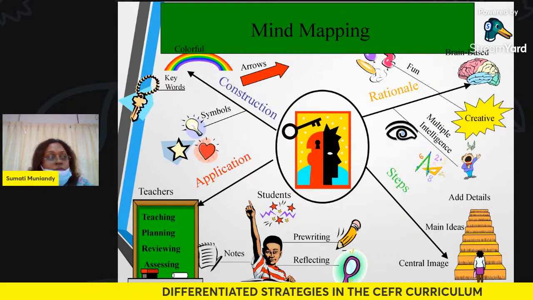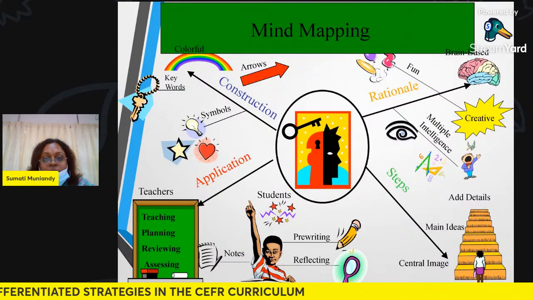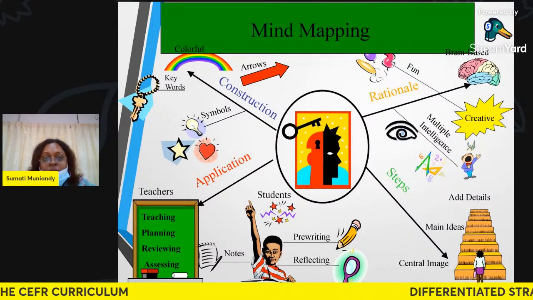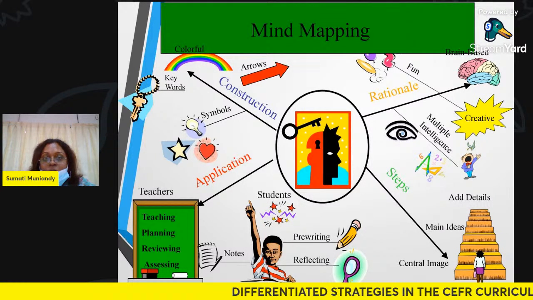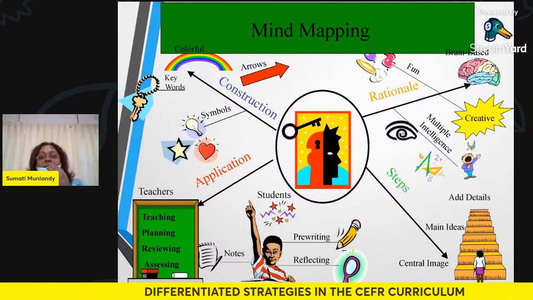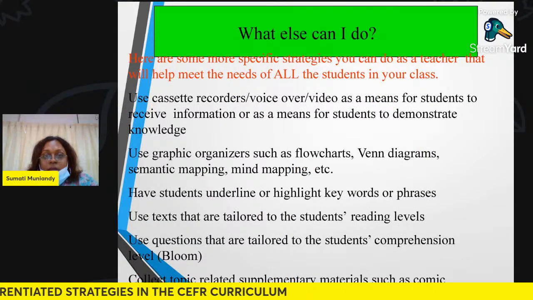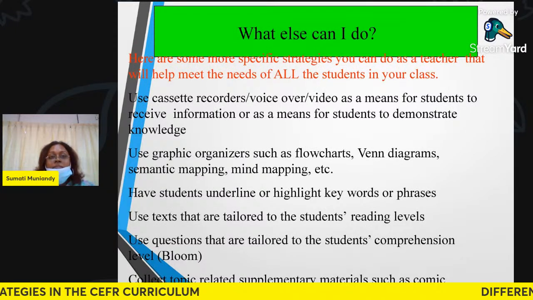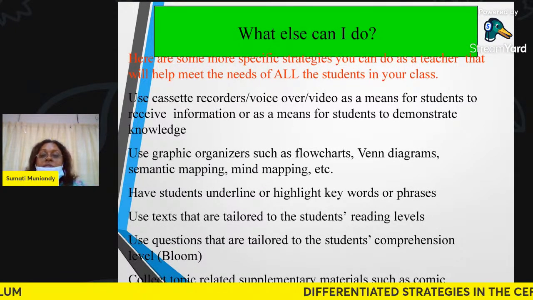Mind map. This is also another way to help the students. All right. Maybe for reading text, maybe after they have read, you can ask them to come up with the points in terms of mind mapping, right? Okay, what else can I do? All right. I'm sure there are many ways.